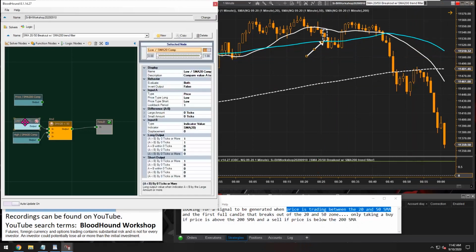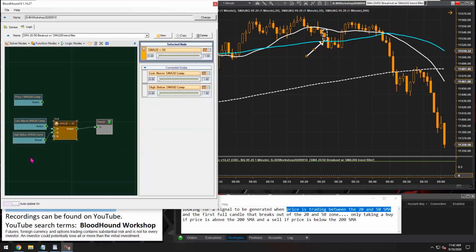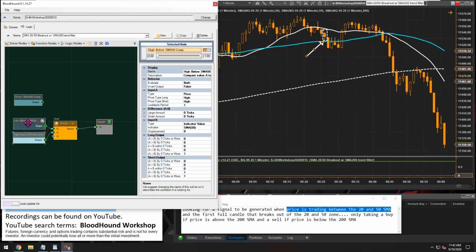Let's rename these here. I'll make these names a little more precise. I need these same conditions, but instead of the low being above the 20, we want the low price above the 50.